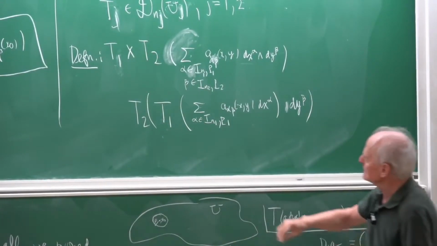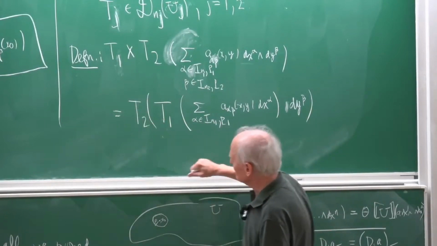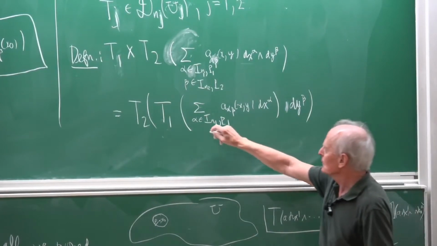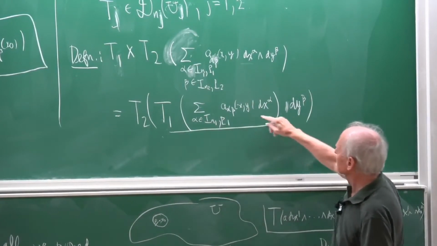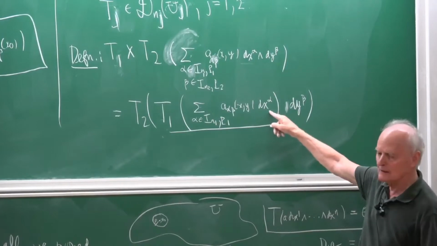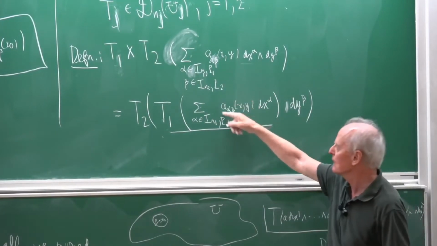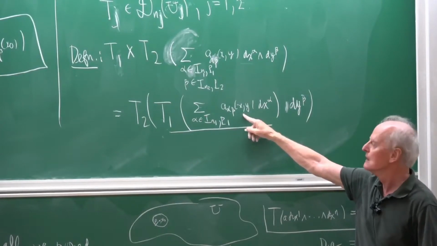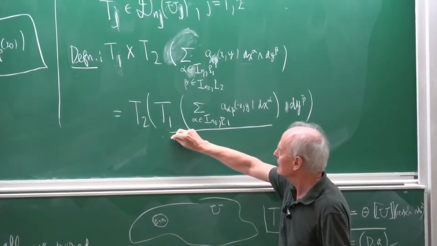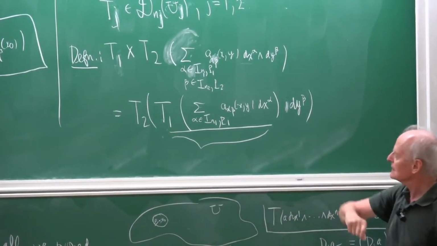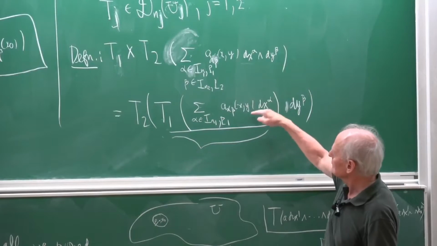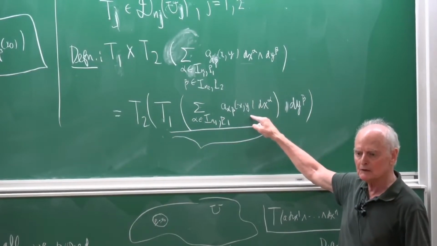Now, this is supposed to be the definition, but we'd better check that it makes sense. First of all, this bit certainly makes sense, because if you freeze y, this is a C infinity function with compact support. I mean, these coefficients are C infinity with compact support. But there's one other thing to check here. To make sense, what I've bracketed here as a function of y should be a C infinity function with compact support, right?